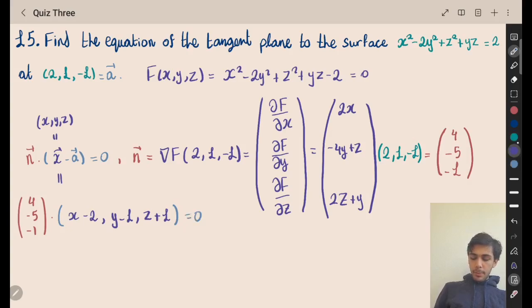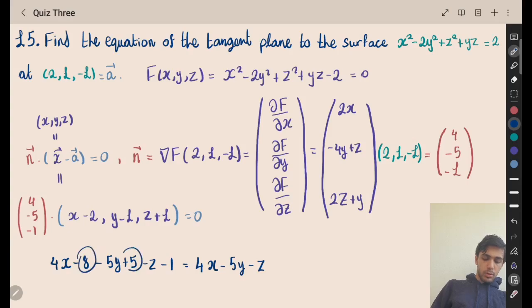I expand this to get 4x - 8 plus -5y + 5, minus z - 1. In the end, this is going to be equal to 4x - 5y - z + -4, if I'm not mistaken.